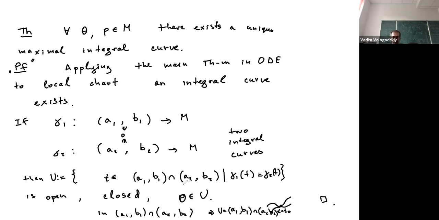So you can consider all integral curves, take the union of the corresponding intervals, and on this union you are going to have an integral curve, and the uniqueness also follows. Very good.